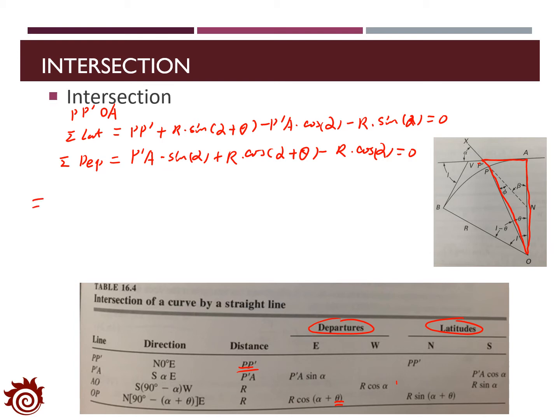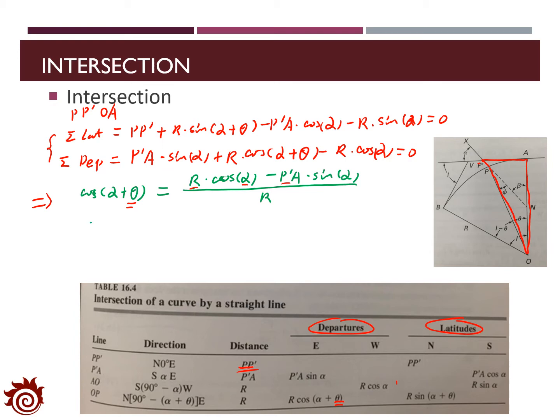So we can solve these two equations and find that cosine alpha plus theta equals R times cosine alpha minus P'A times sine alpha, divided by R. We know the value of R, alpha and AP'. Then we can find out the value of theta.